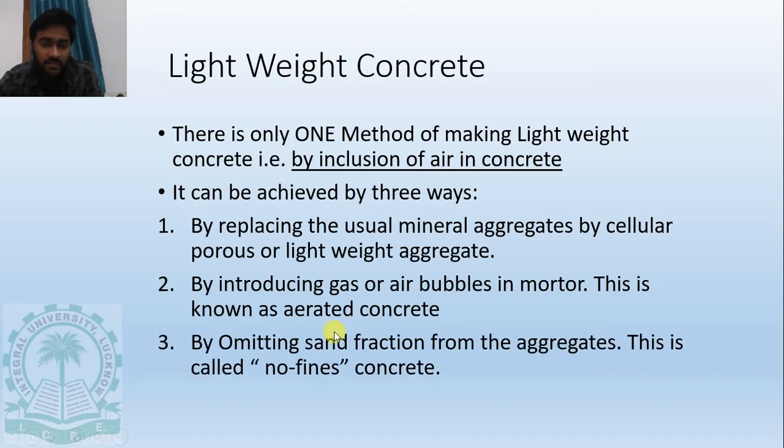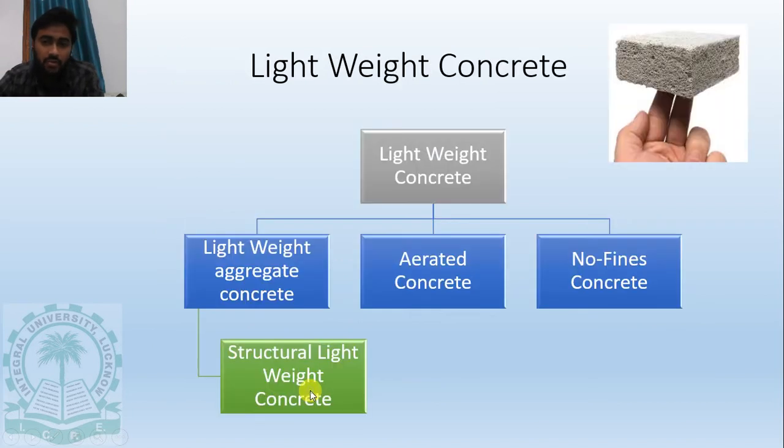The third one is by omitting the sand fraction or the fine aggregates from the concrete, and this type is known as no fines concrete. We don't have any fine aggregate, so it's called no fines concrete. To summarize, lightweight concrete can be classified into lightweight aggregate concrete, aerated concrete, and no fines concrete.